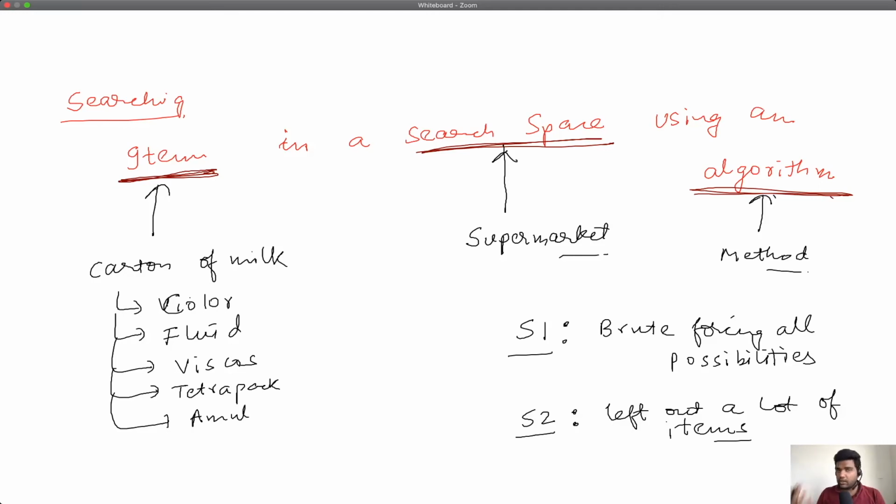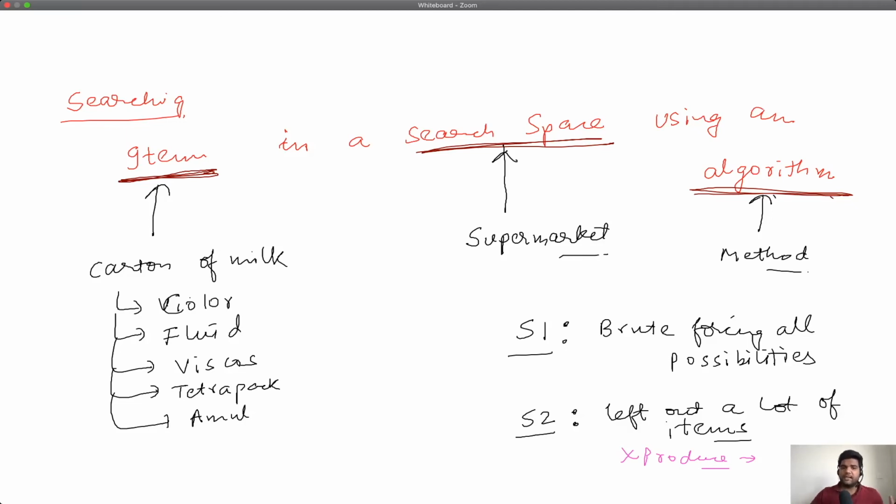For instance, you did not inspect any item from the produce section, right? Because you know that anything in the produce section will not be the carton of milk, because typically you will have fruits and vegetables in the produce section. So you were able to optimize the methodology or the algorithm that you were using for searching.